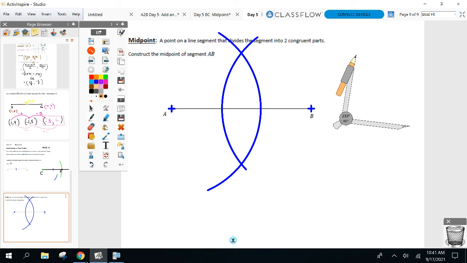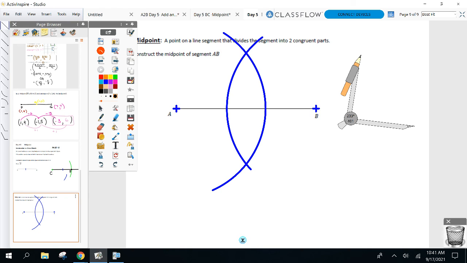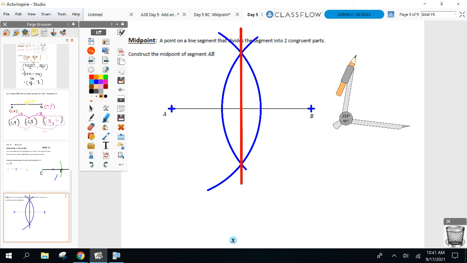You can draw the line through. And guess what? Where that line intersects AB is going to be my midpoint. There it is.